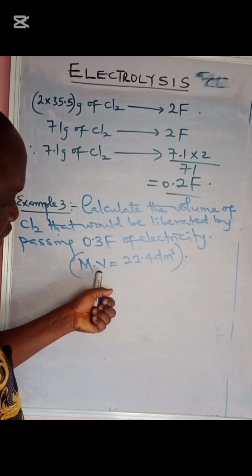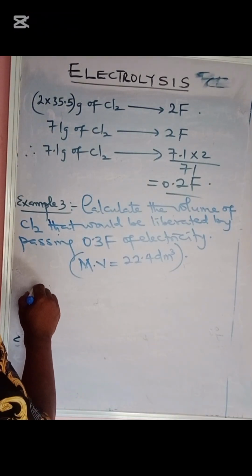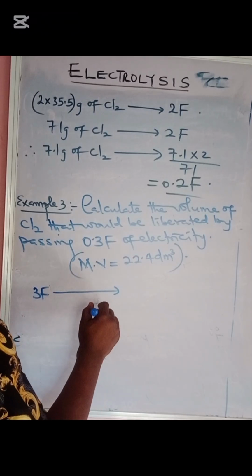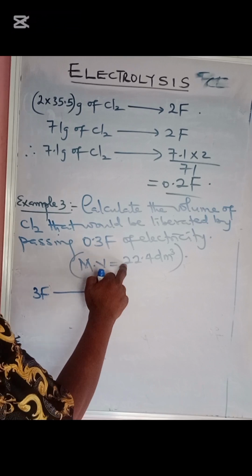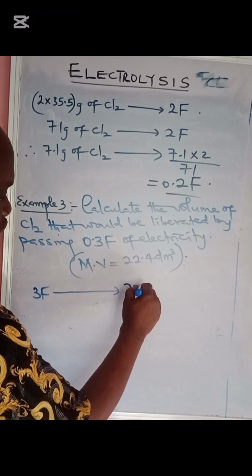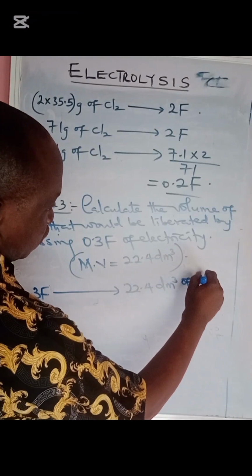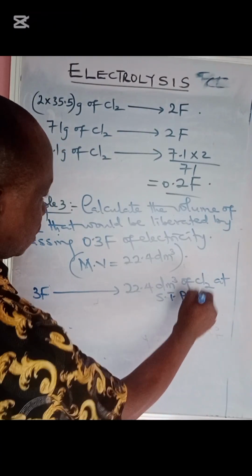This is the volume occupied by 1 mole of the gas at STP, 22.4. So this is what we are going to do. 2 Faraday is required to liberate 1 mole of chlorine gas, and 1 mole of chlorine gas will occupy 22.4 dm³ at STP.